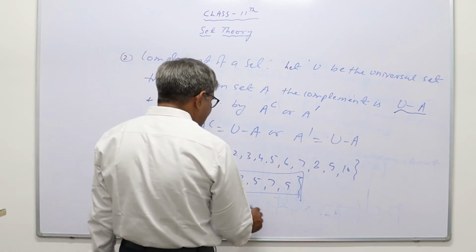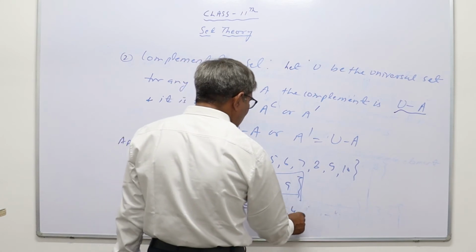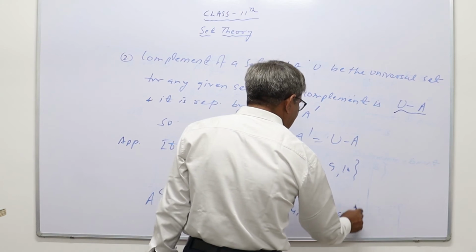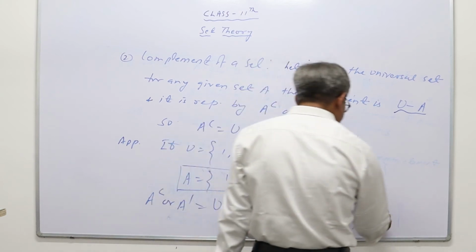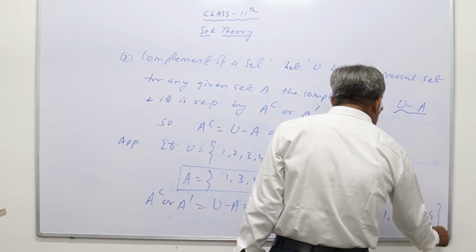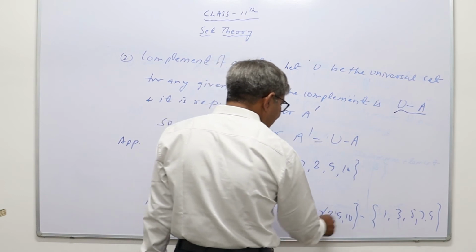So here U minus A, first we will write the universal set, that is 1, 2, 3, 4, 5, 6, 7, 8, 9 and 10, then minus of 1, 3, 5, 7 and 9. So we will subtract 1, 3, 5, 7 and 9.